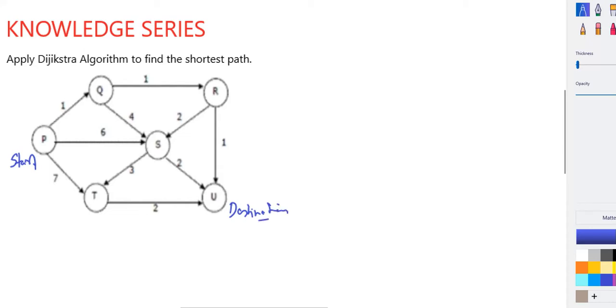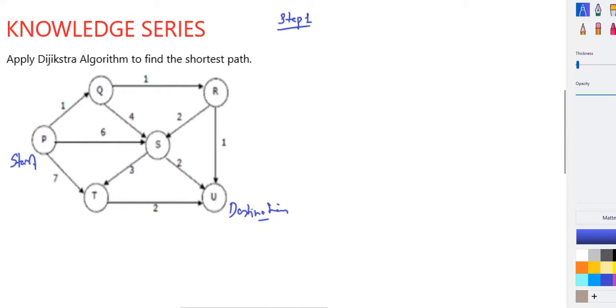So how will we apply the Dijkstra algorithm to solve this one? There are certain steps. Step 1: to solve this, first of all we will consider two factors. What are those two factors?